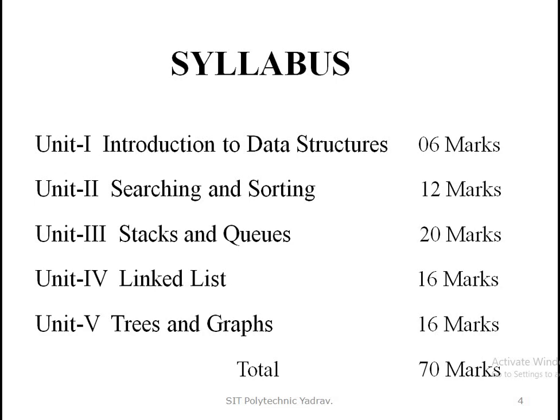Unit number 2, Searching and Sorting, out of 12 marks. Unit number 3, Stacks and Queues, out of 20 marks. Fourth unit, Linked List, out of 16 marks. Fifth unit, Trees and Graphs, out of 16 marks. Which means a total of 70 marks.